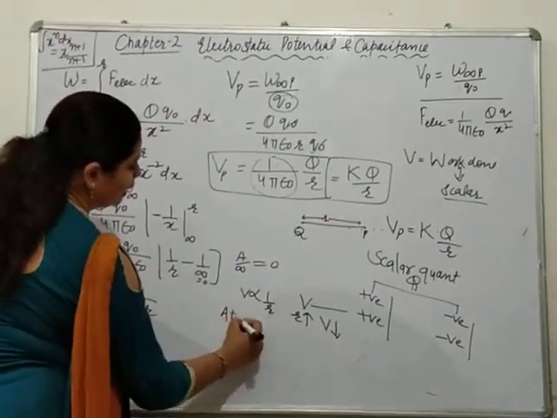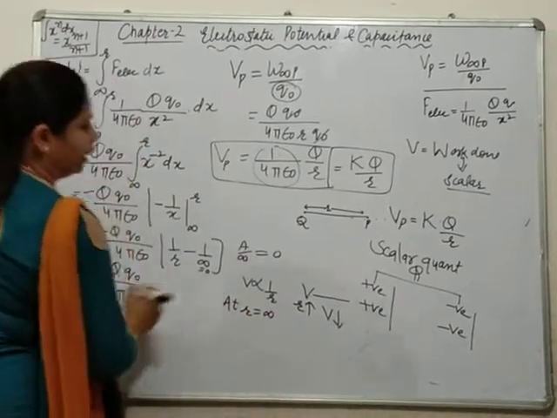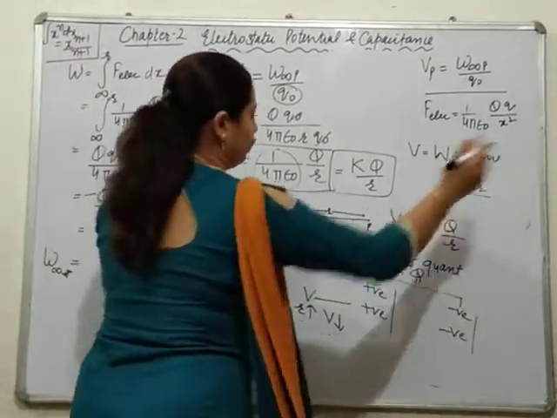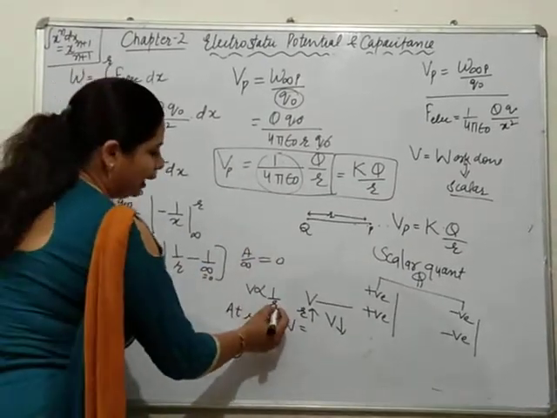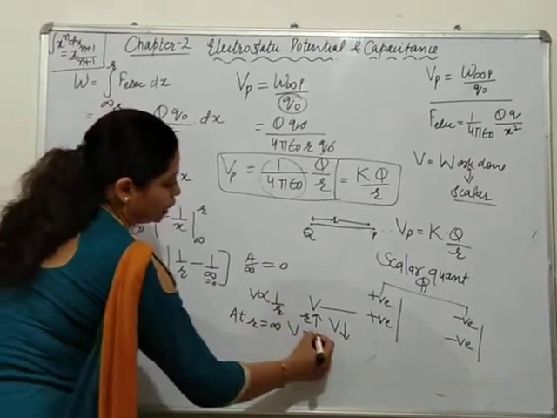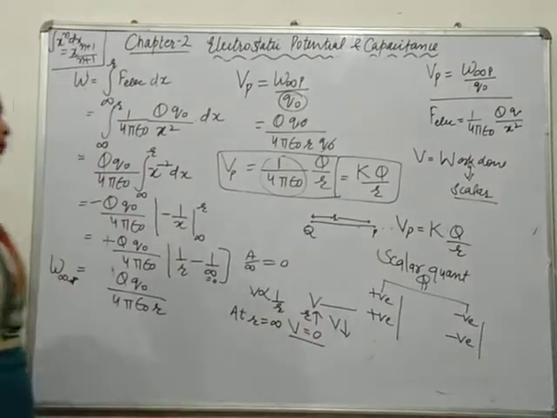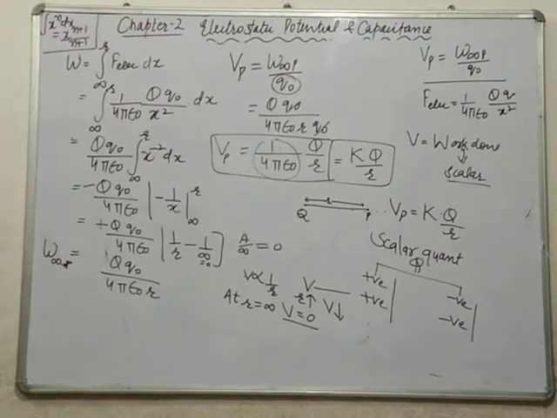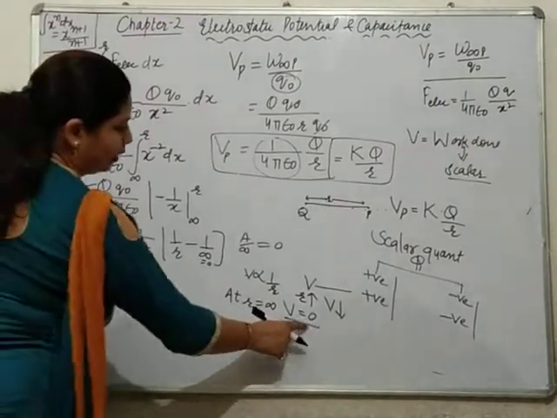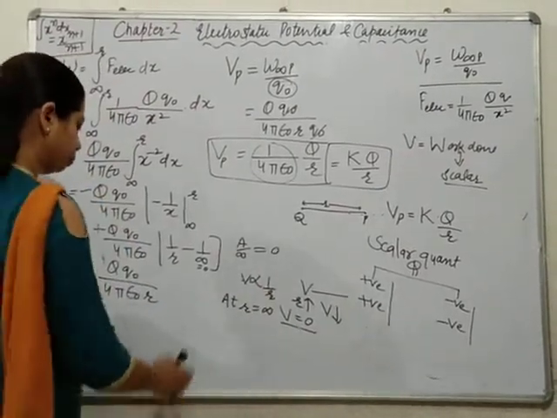And when the distance becomes infinity, when the charge is at infinite distance, then what will be the formula for potential? R infinity. R infinity means potential will be 0. It means for any charged body, potential at infinity is 0.